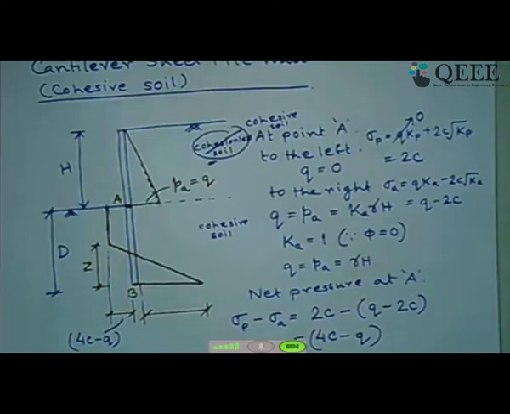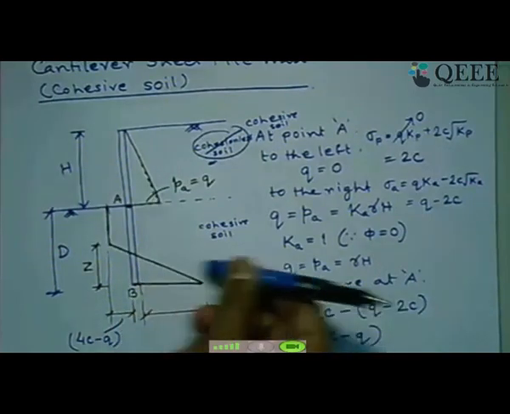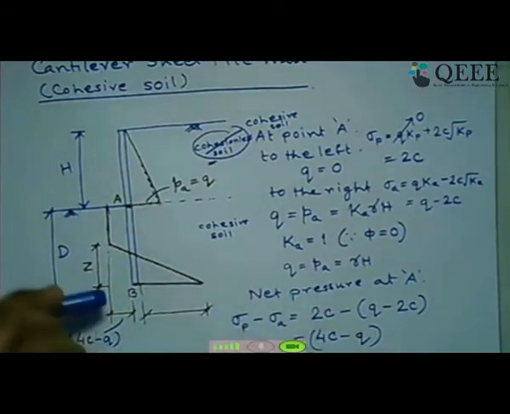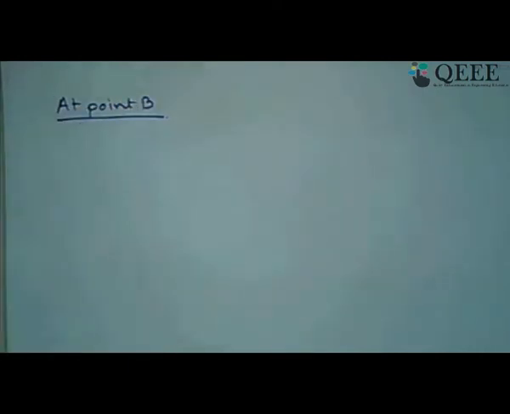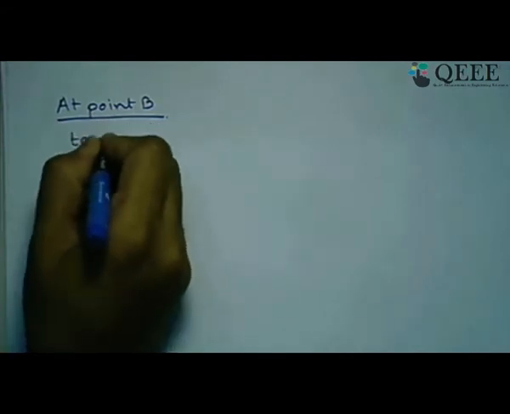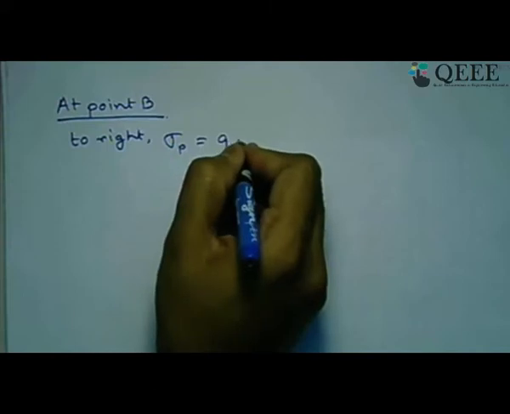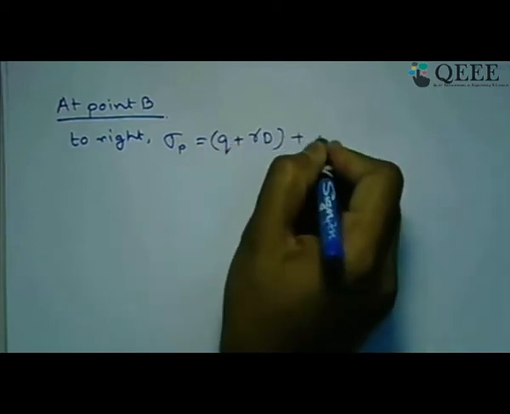Now if we want to see what the net pressure is at point B, in the similar fashion, let us see again, it has rotated like this. So from this side we will have passive, this side we will have active. So we have to find out on the right side how much is the passive earth pressure equation, and on this side how much is the active earth pressure equation. So if we now write down at point B, to the right side of point B, sigma P is acting, which is nothing but Q plus gamma D, because gamma times D has got added to this, plus 2C.